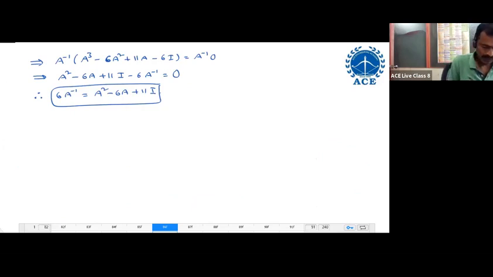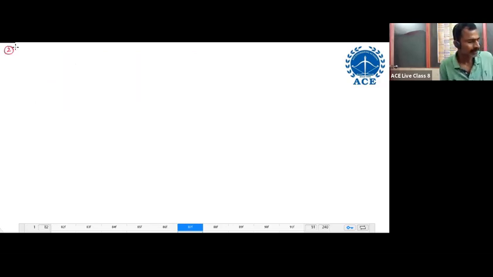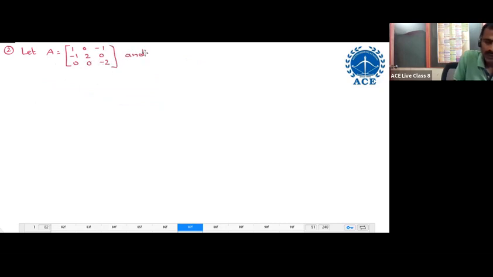Next, problem number 2. Let A equal to the 3 by 3 matrix 1, 0, minus 1, minus 1, 2, 0, 0, 0, minus 2, and B equal to A cube minus A square minus 4A plus 6I, where I is the 3 by 3 identity matrix.